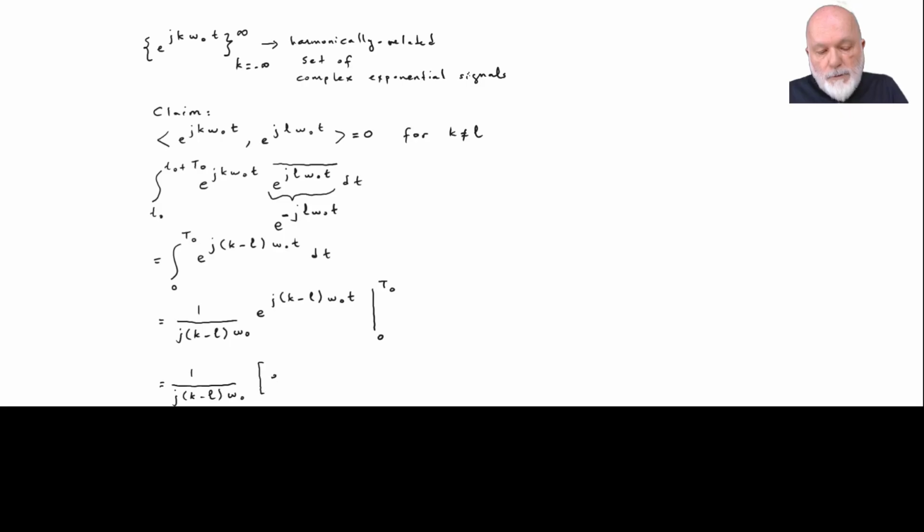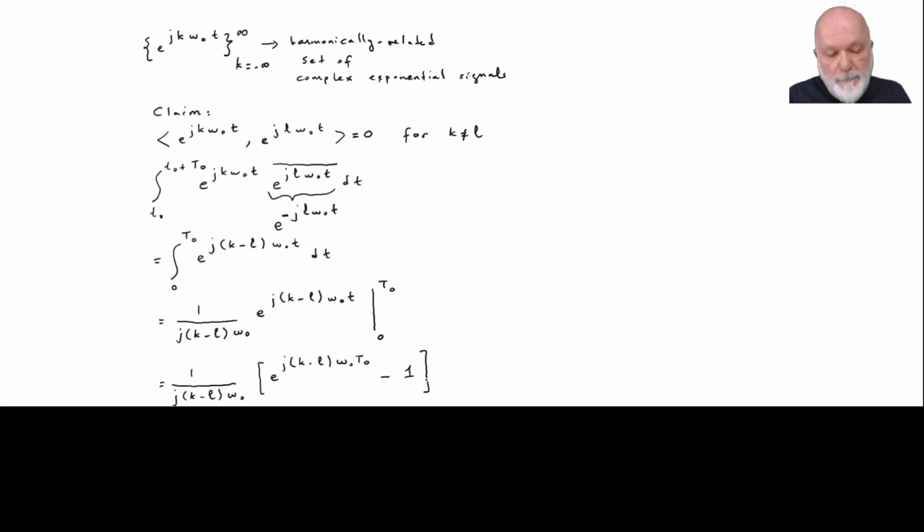Now, we are going to substitute e to j k minus L omega 0 capital T0, minus the value at t equal to 0. When we substitute t equal to 0, e to j, a certain expression, times 0 is equal to 1.